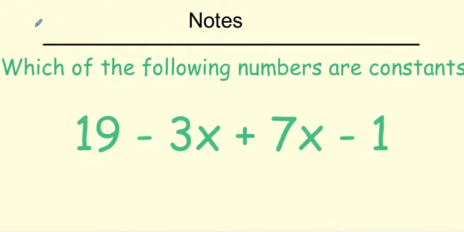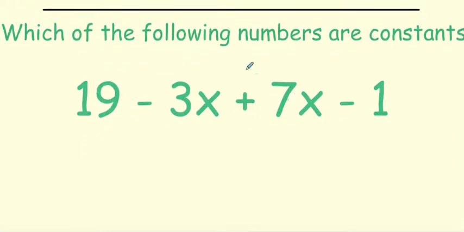So for your homework, you're going to need to be able to determine which numbers are constants. Remember, a constant is the number that does not have a variable tied to it. So when I look at this expression, again, an expression is terms put together without an equal sign, I see 4 terms. In class, we emphasize the point to group those terms with different shapes.